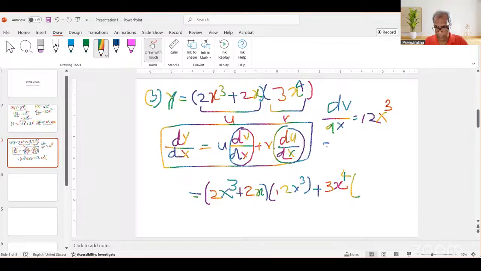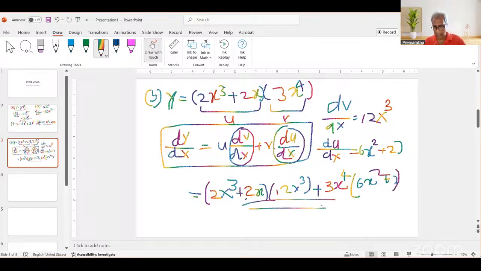When you do that, du with respect to x becomes 3 times 2, 6x squared, plus 2. You can simplify if you want; that's how the rule applies.